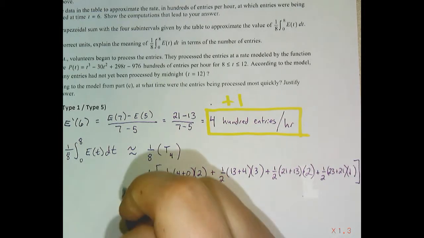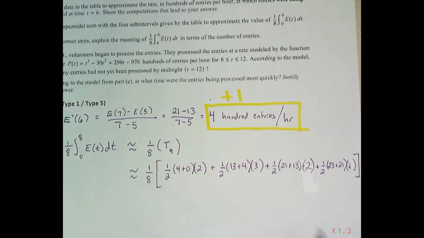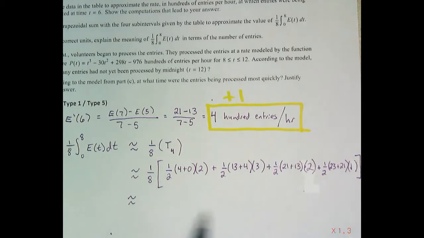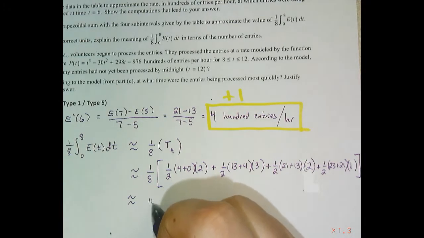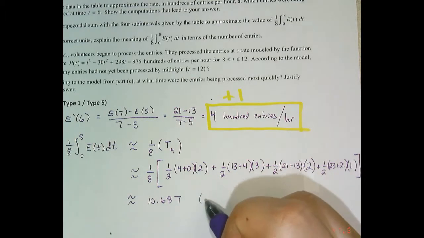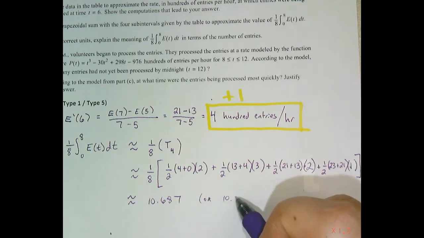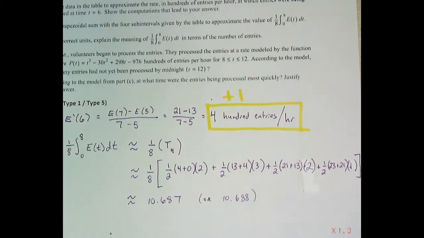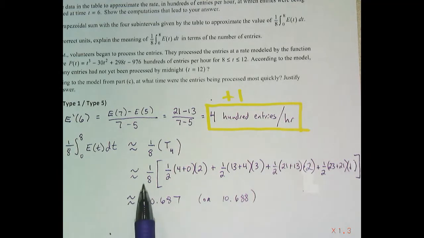So this is approximately 10.687, or 10.688 if you're going to round. Now this is a numeric answer, so you can stop at this point for the calculations, but it's nice to always see what it comes down to.